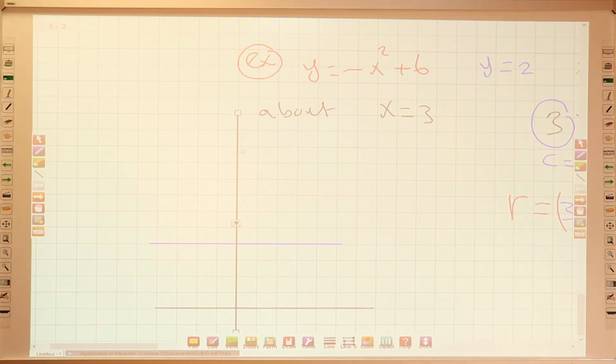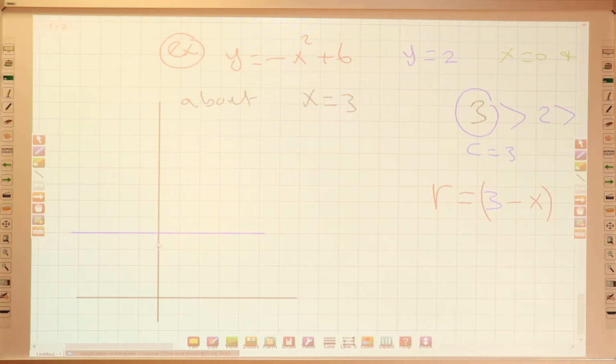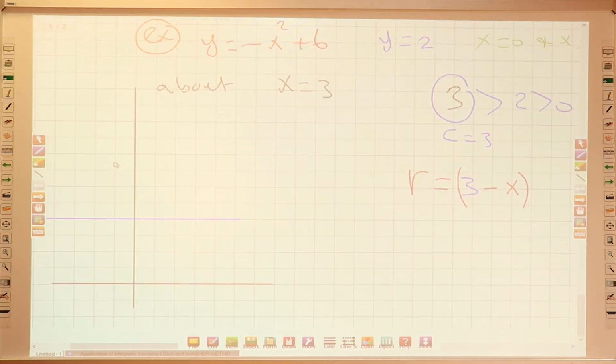And I have the two curves I need to revolve. I'm trying to make it big for you. 1, 2, 3, 4, 5, 6. And the limit is 0 and 2. I'm going to graph it in green. This line is 0, and 2 is here.